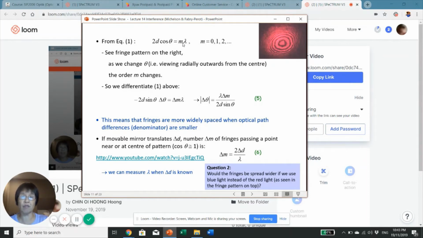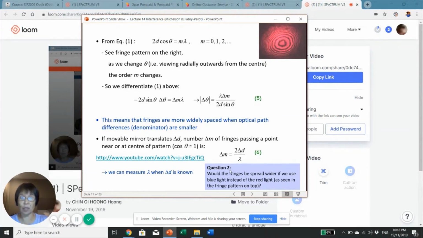So you see the fringe shifting. If you look at just one position, you can see the fringe shifting over that particular position. From this relation, we can measure lambda when we know the distance translated by the mirror, or rather the difference in d of the mirror.